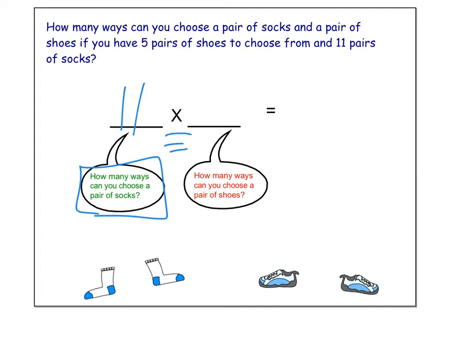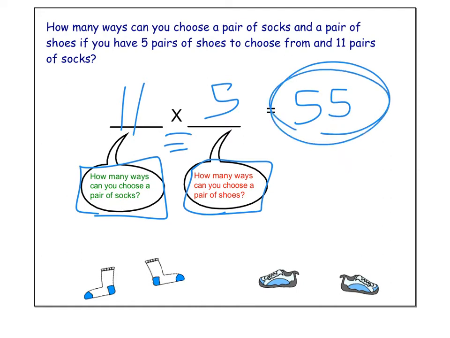It says take the number of outcomes for the first event and multiply it by the number of outcomes of the second event. So the second event is how many ways can you choose a pair of shoes? We have 11 times 5. There are 55 different outcomes with 11 pairs of socks and 5 pairs of shoes.